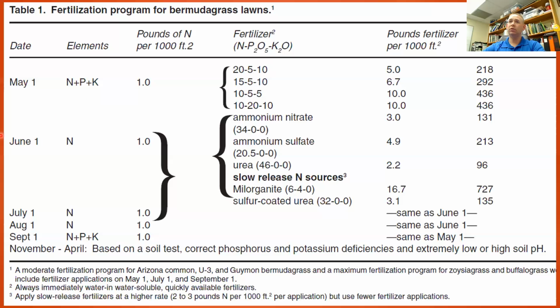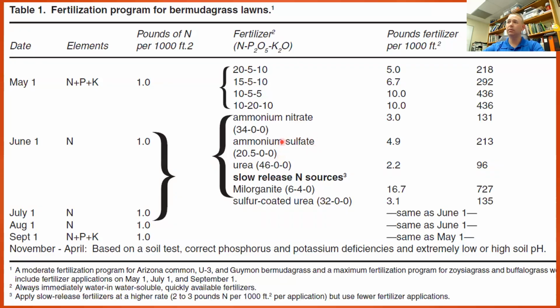So here's May 1st, June, give it another application of nitrogen. July, August, September, NPK. So a lot of times, since it says you have a deficiency in nitrogen only, you're going to get a 34-0-0, an ammonium sulfate, which I think is personally a little better.